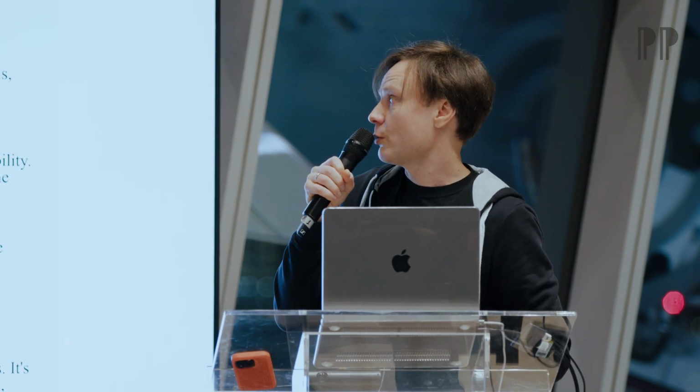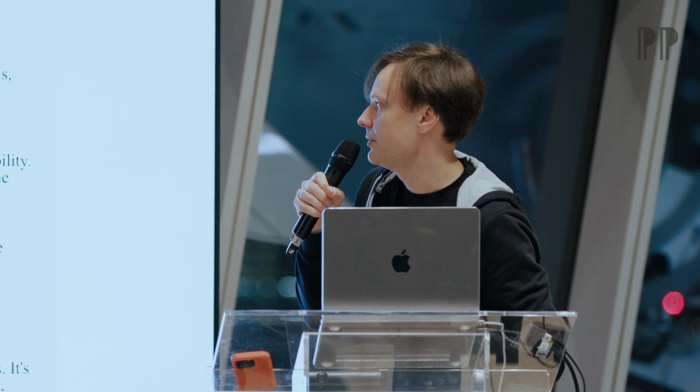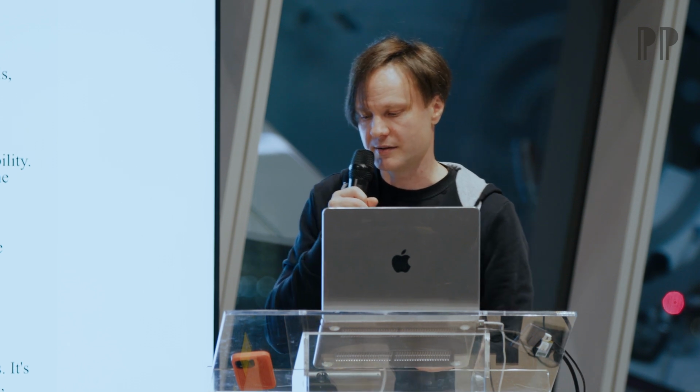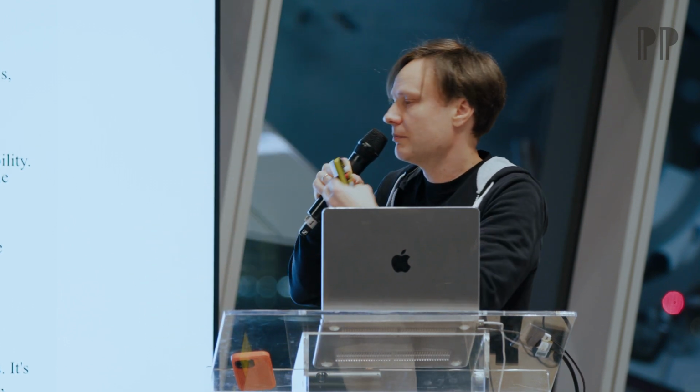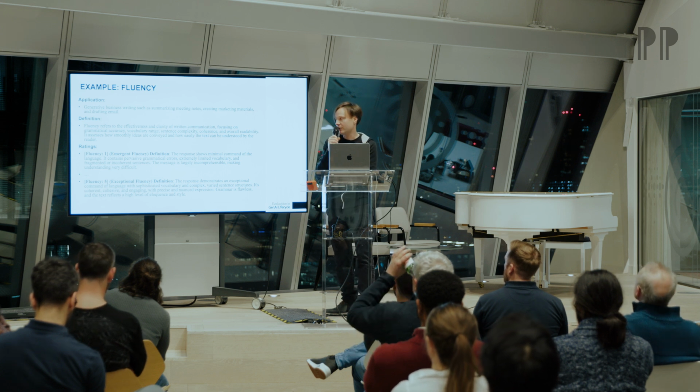If we have a quick look at fluency as a metric, this is the overall metric that can tell you how close the output is to natural human language, how easy it is to follow, and the scale, the volume of vocabulary it uses.